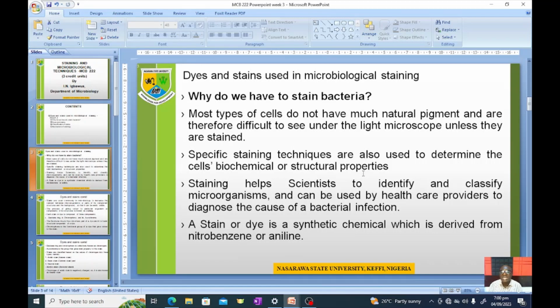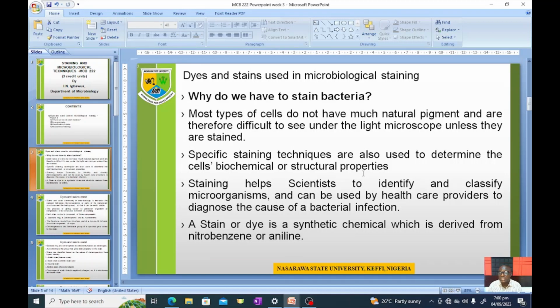And so we stain to add pigment to see things that ordinarily have faint pigment and cannot be so much visualized. So we increase the pigment by the use of stains.